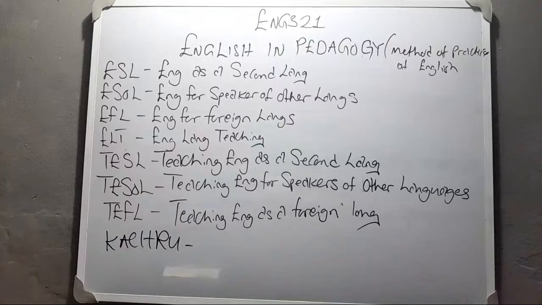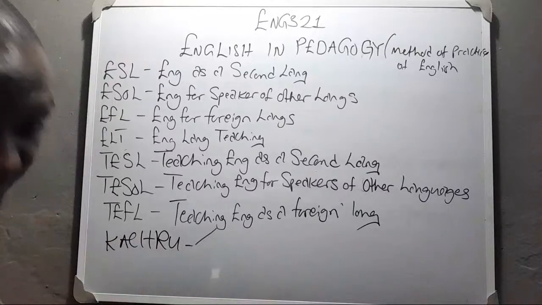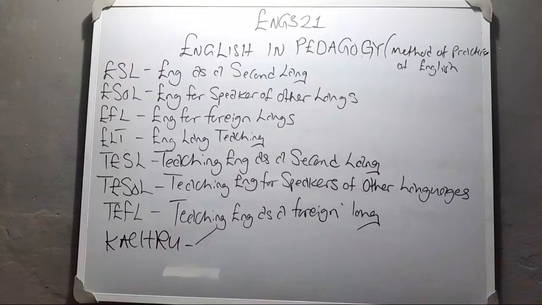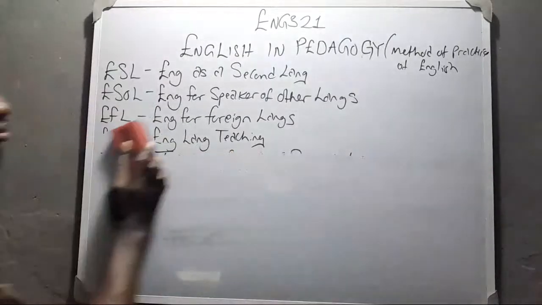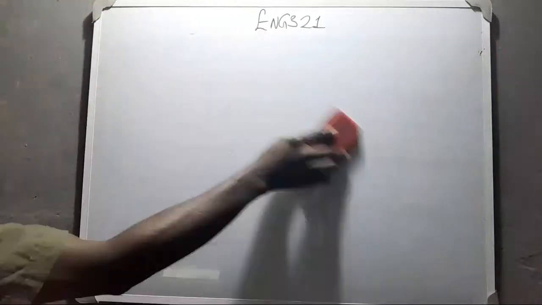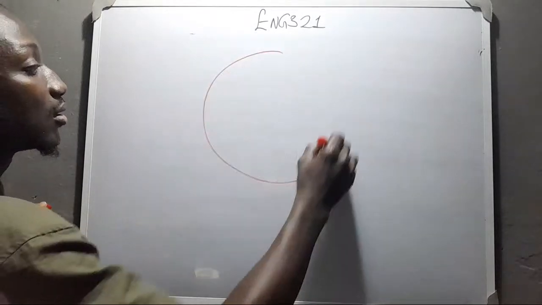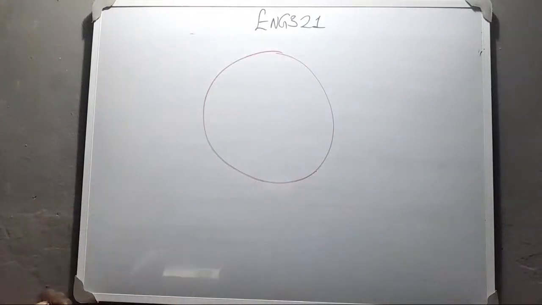This Kachru model is said to be of 3 circles. Let me erase the board. Okay.